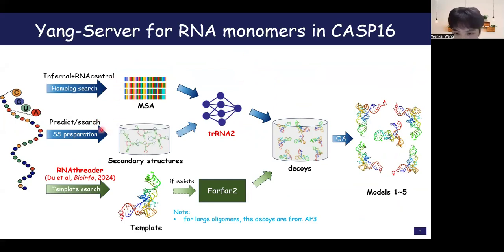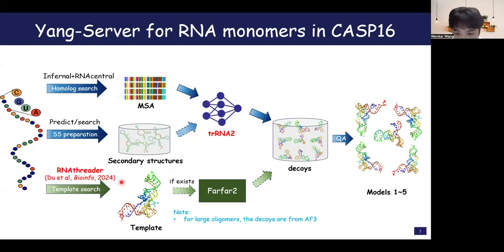It is worth noting that we prepare multiple 2D structures using both predictive and template-based methods, which will be shown on the next page. This can improve the diversity of our predictions. Considering the 2D structure can sometimes be inaccurate, especially for challenging targets, we also generate a no-SS prediction using TR-RNA2.